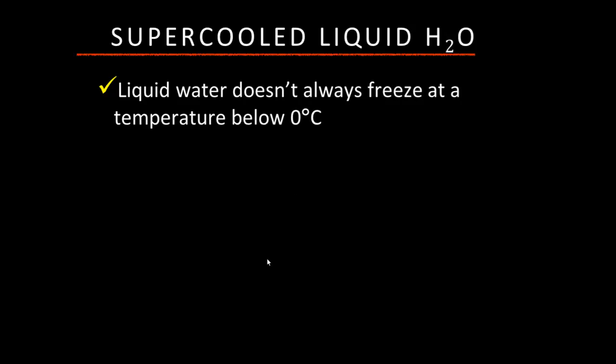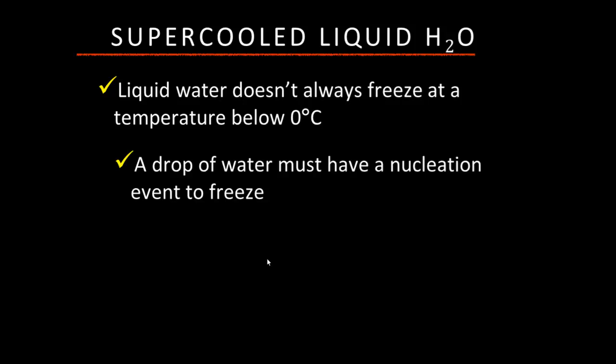All right, let's talk lastly about airframe icing. Now we know that liquid doesn't necessarily always freeze at temperatures below 0 degrees Celsius. That would be really great if it did, but unfortunately it does not, and that results in supercooled liquid water. So water drops must have some kind of nucleation event in order to freeze.